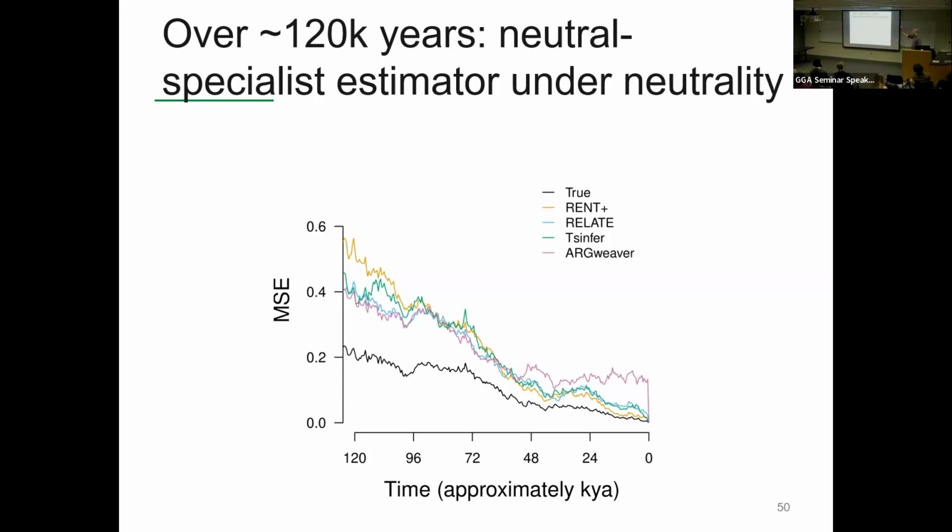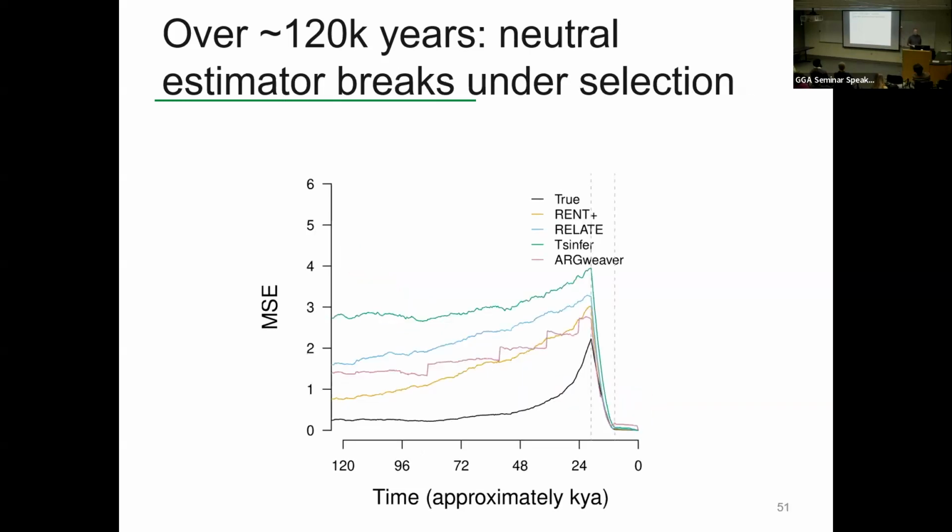And that's actually Relate, which only takes 200 samples in, and not the 2,000 that TS-Infer would take. Okay. Under selection, this estimator breaks as we expected it to. But an interesting thing you can see, again, here's the true trees. The breakage is worse in TS-Infer and Relate, particularly TS-Infer, than in the smaller samples.